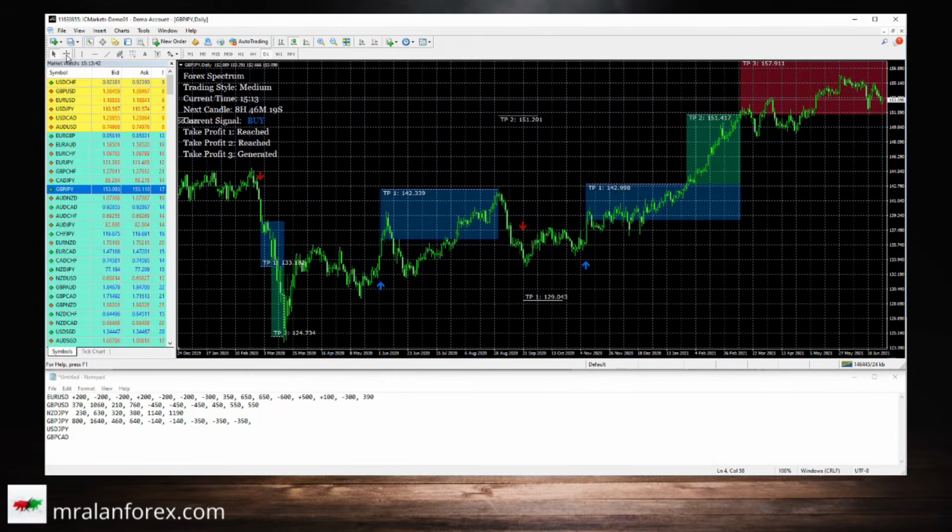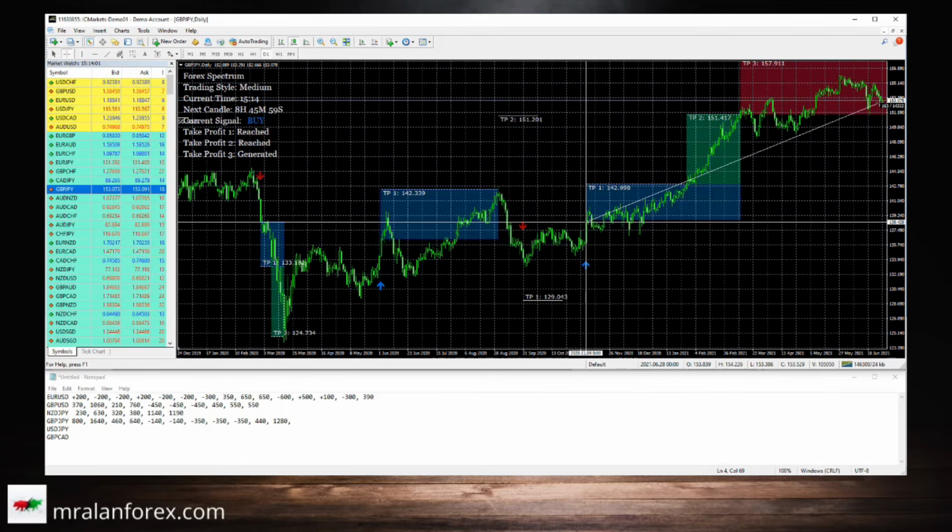Oh yeah, 440. 1280. And then the third trade is still running. It's the present date, and that is currently in profit. 1,430.